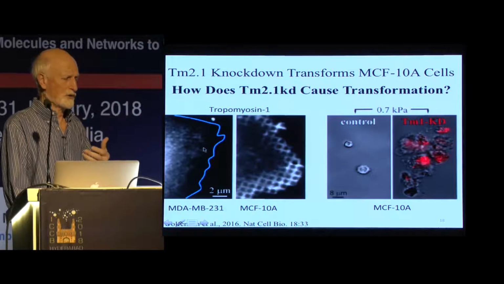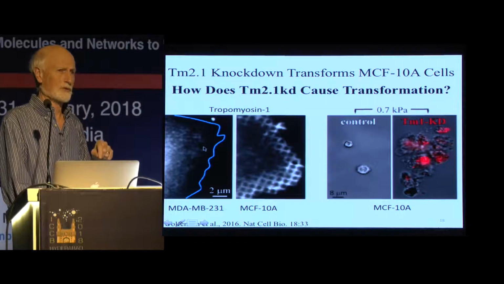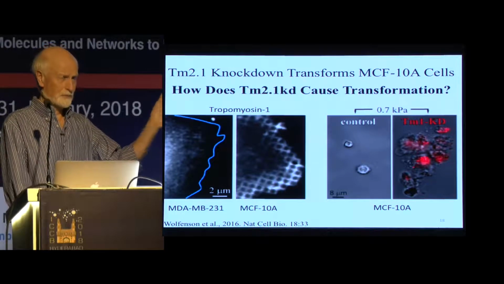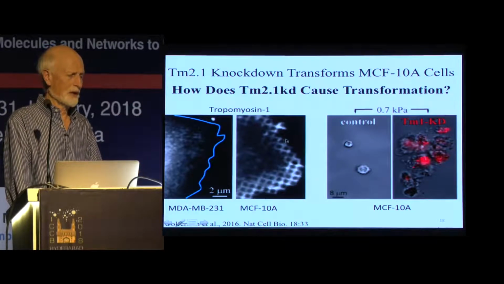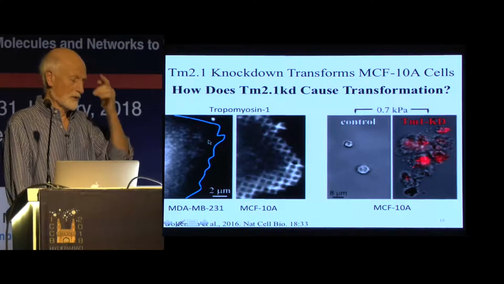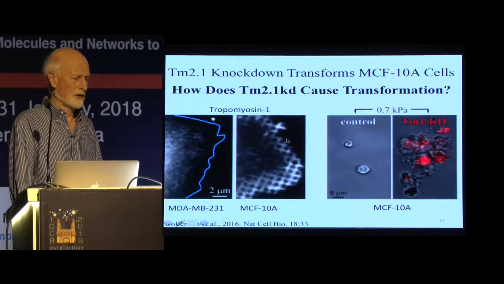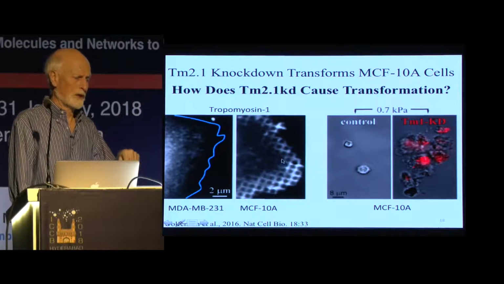Studies have been done to show that adding back tropomyosin to MDA-MB-231s caused them to be non-transformed, non-metastatic, I should say, and behave normally. So when we did the converse, we took tropomyosin 1 and depleted it from MCF10As.